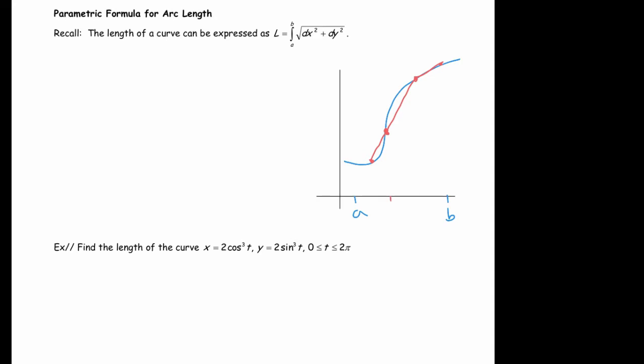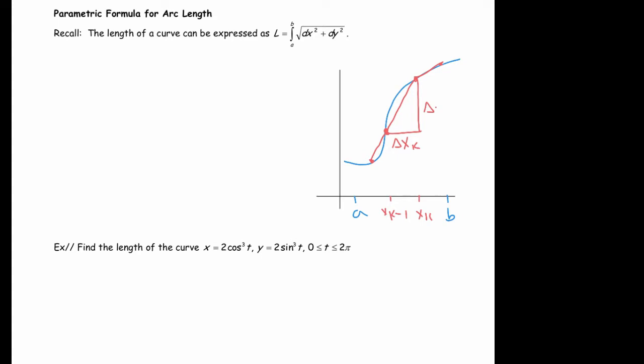If you take, let's call this the kth subinterval, that would be x sub k minus 1, that coordinate, and that coordinate here be x sub k. We'll call this distance a change in x in the kth subinterval.